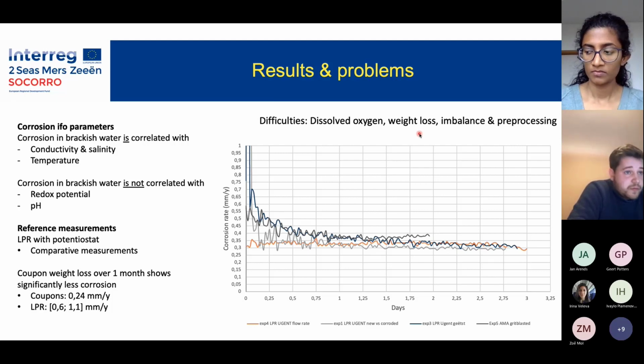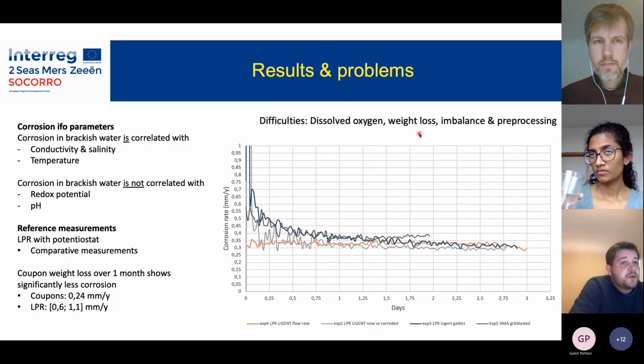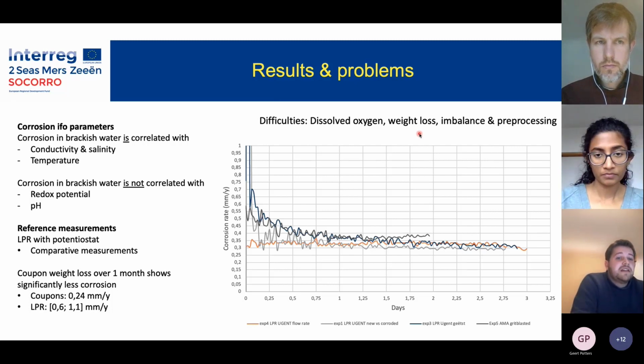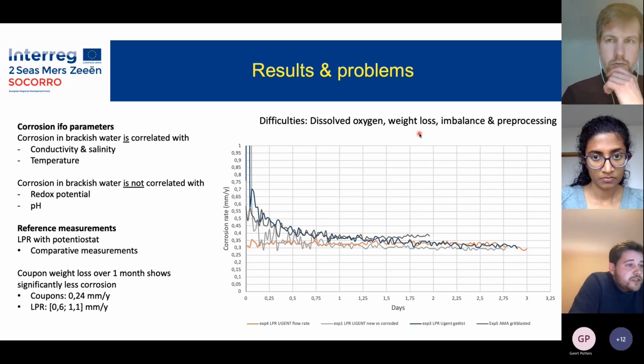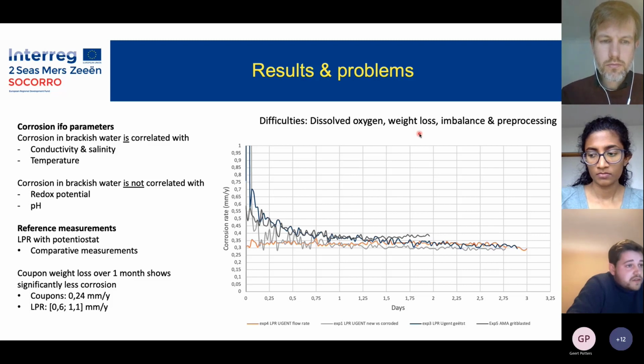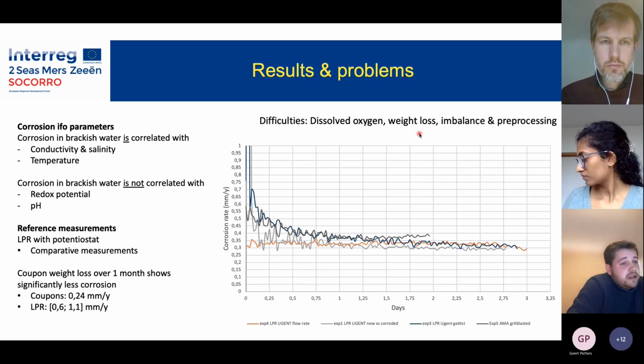Then there was a small difficulty in the pre-processing of the data. So the aim of the project is to feed all of the data to an AI algorithm, and it has to be done automatically. So I performed a couple of small experiments in the same solution, and I would suspend the LPR system within the solution for a couple of days, take it back out and clean it, and then re-enter it into the same solution.